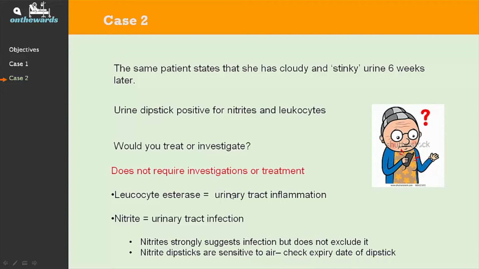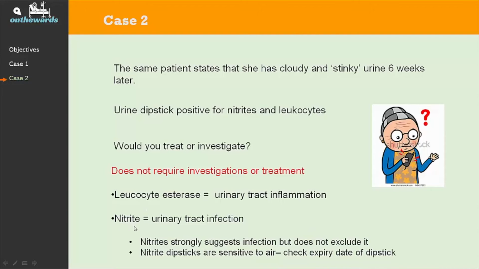And always be aware, though, another point to remember in sexually active women: those that have urine dipstick positive for leukocytes, and if they have some dysuria and when you send off the urine MCS it comes back as normal, always consider chlamydia urethritis, because that doesn't usually show up on urine cultures.